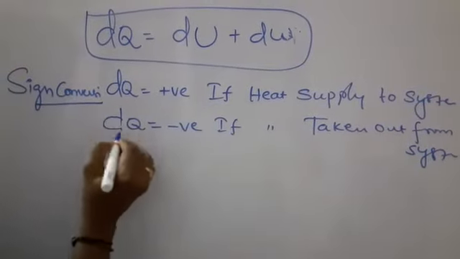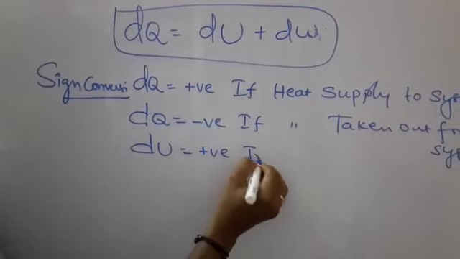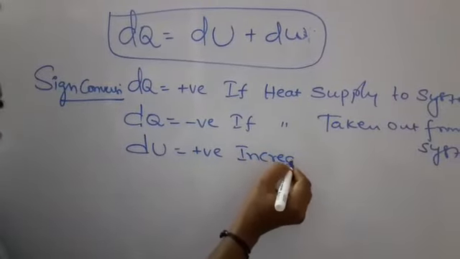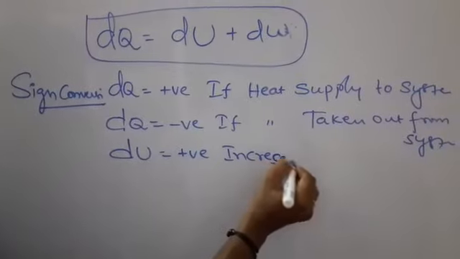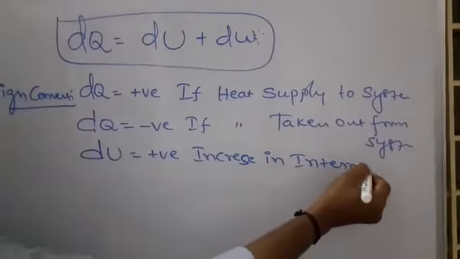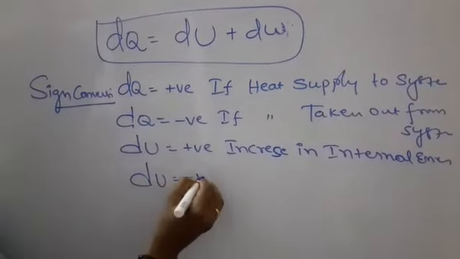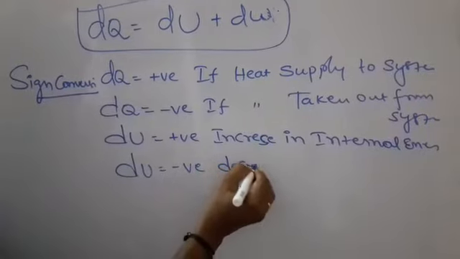Next, dU is positive for an increase in internal energy. dU is negative for a decrease in internal energy.